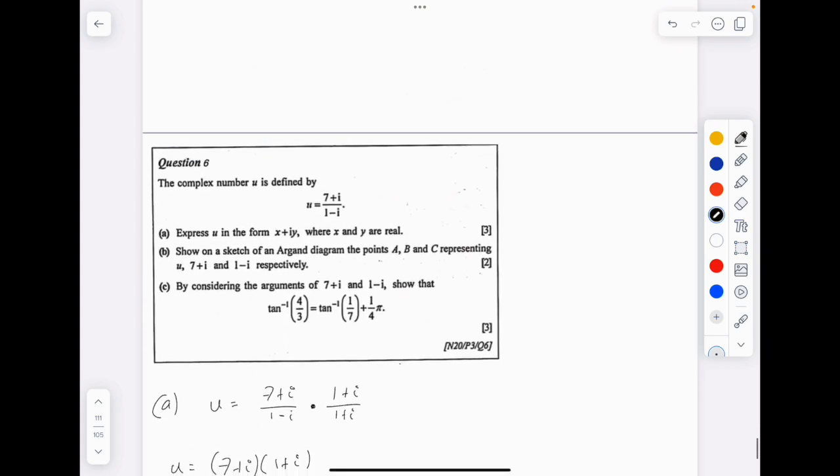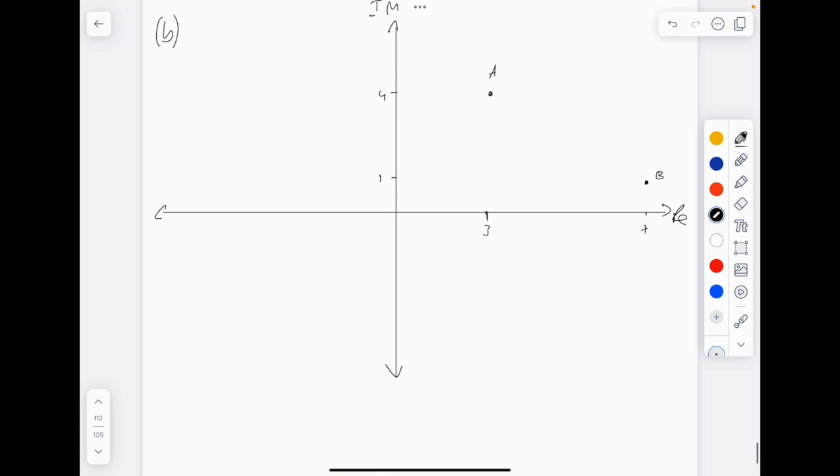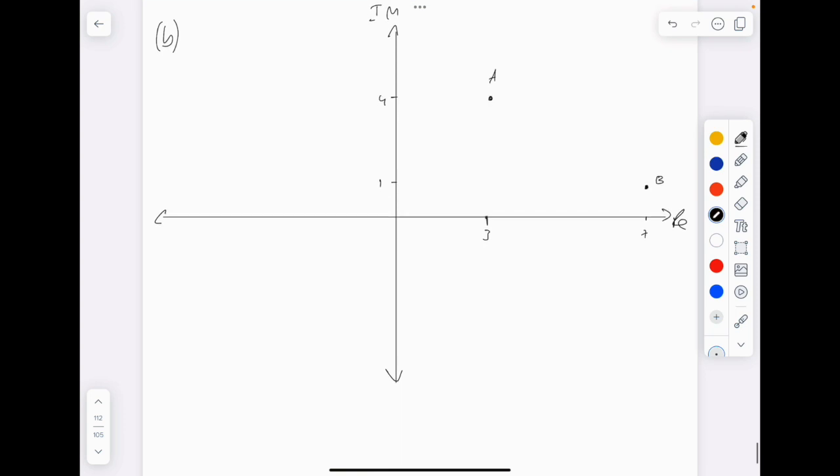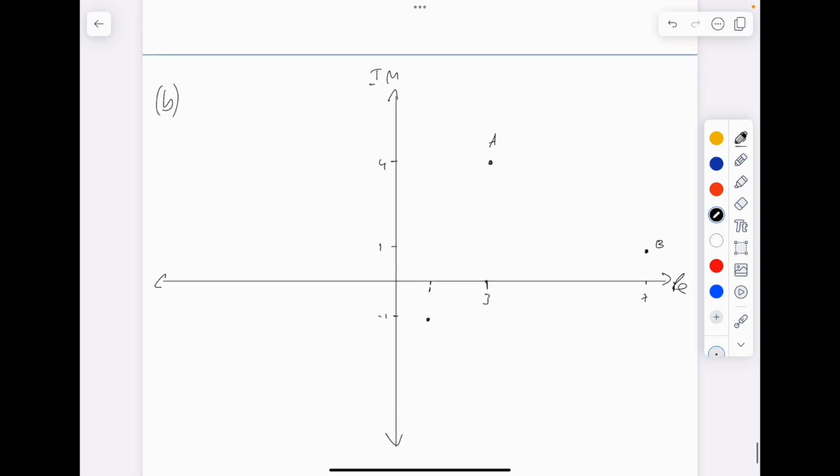Okay, 1 minus i. Well, this is going to equal 1 here and minus i down here. ABC.